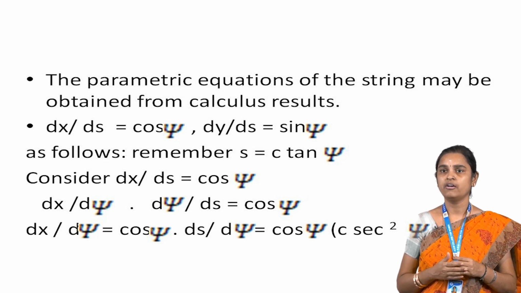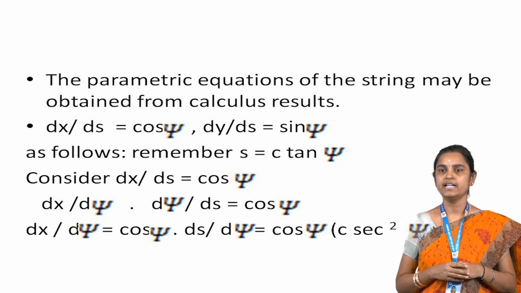Now the parametric form equation is derived as follows. Remember, already we got the catenary equation from bookwork 1 as s equals c tan psi. Take the first equation, dx by ds equals cos psi. Now multiply and divide by d psi: dx by d psi into d psi by ds equals cos psi.